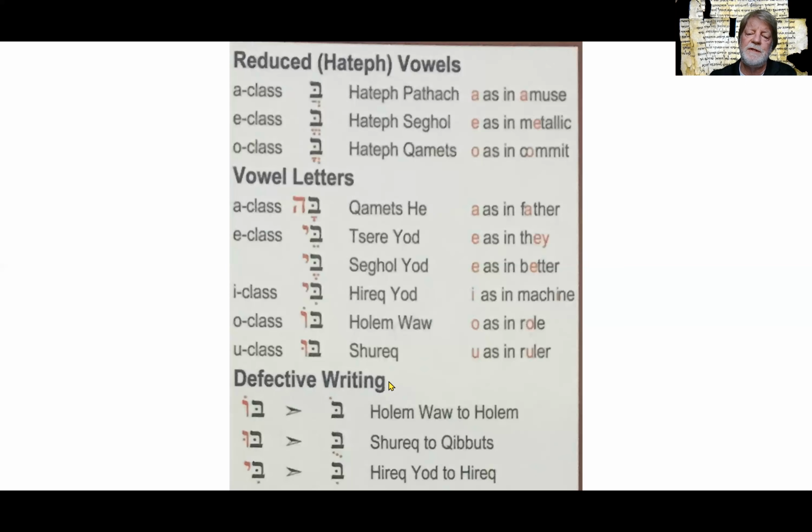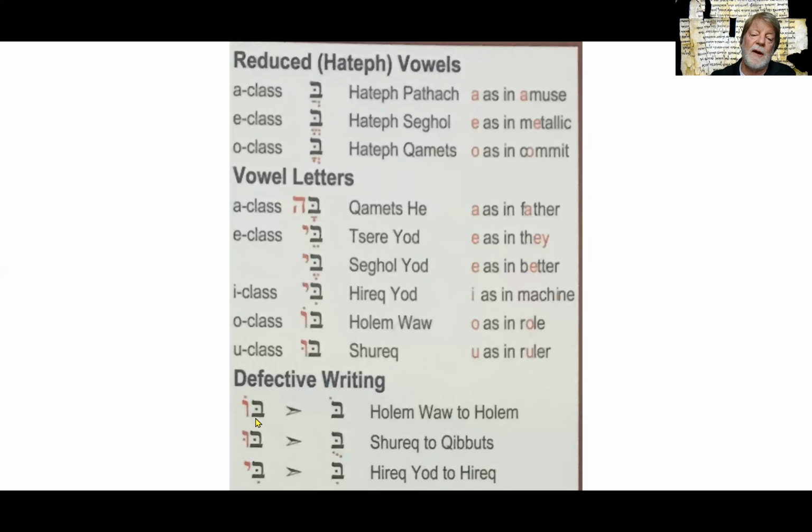And then down at the bottom of the chart is a section called Defective Writing. This vowel right here, which occurs to the left of and beside the consonant, is called a holum. It includes a consonant that is used as a vowel or a part of a vowel.